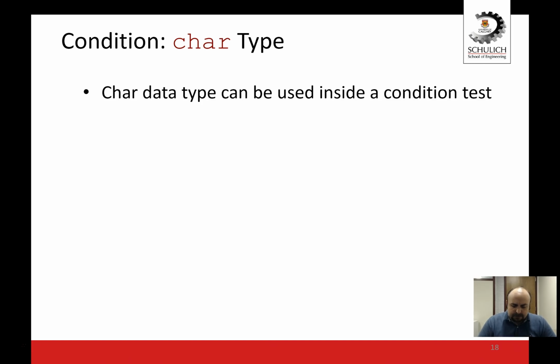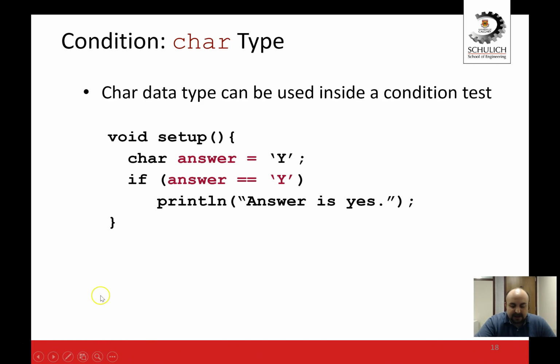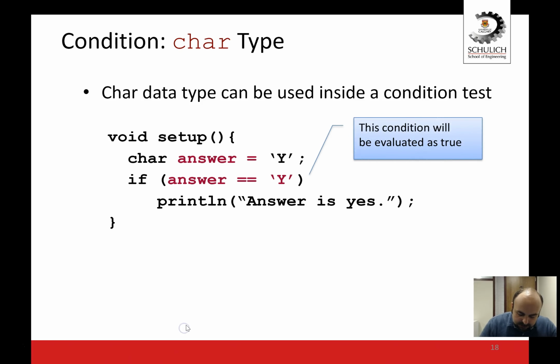As we've learned, a char can be used inside the condition. If you recall, char has an ASCII value, so it's no surprise that we can compare it. For instance, let's draw the memory diagram here.